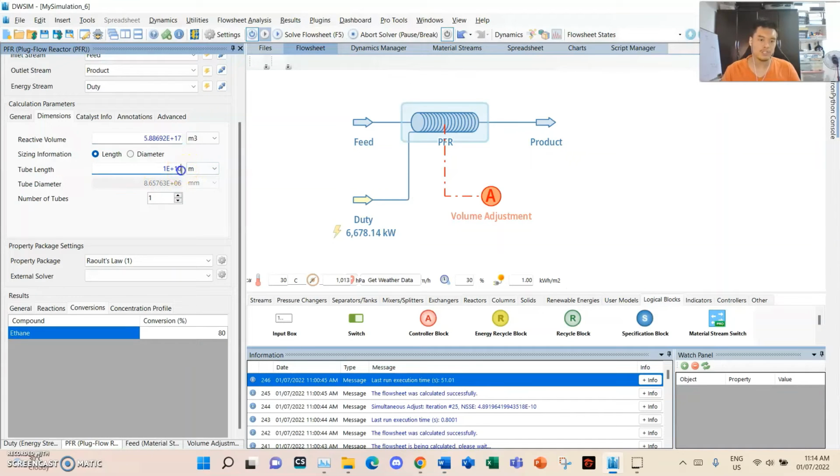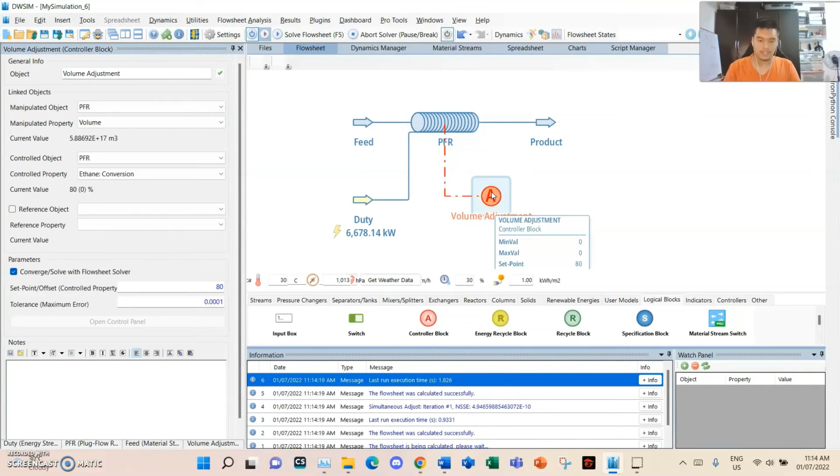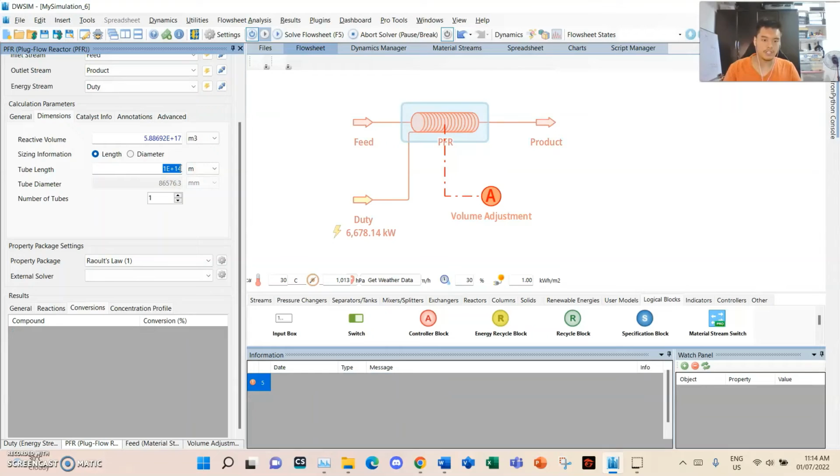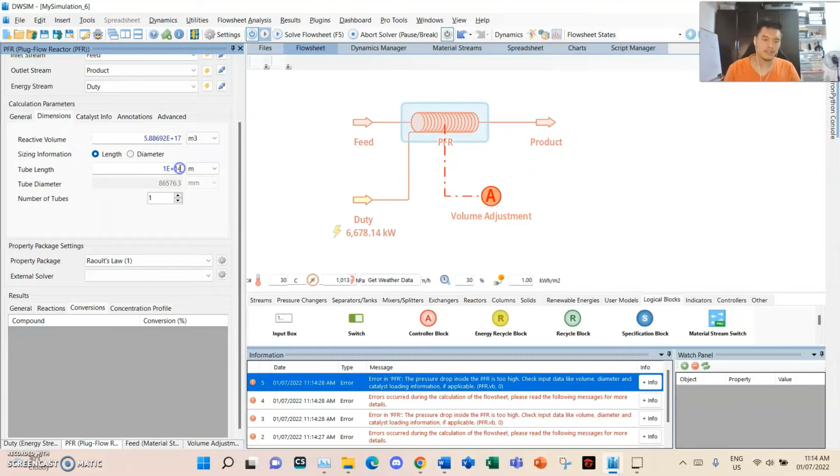So what happens if I put here 9? It's still 80. So 9, it's still 80. What happens if I put 14? Now that's too high. It won't run. What happens if I put 17? It is also too high.